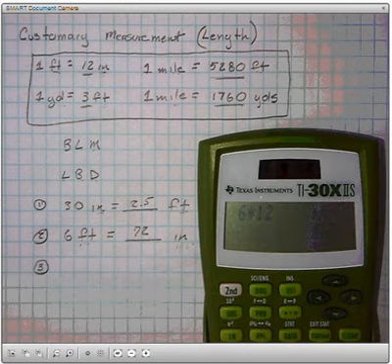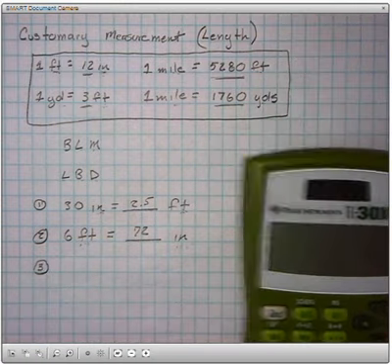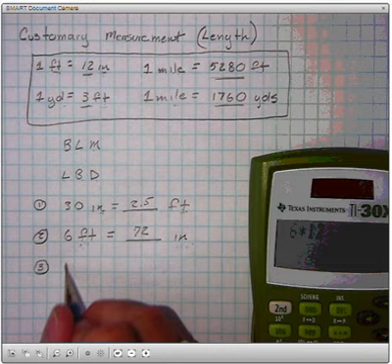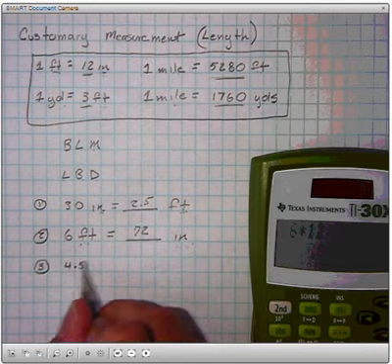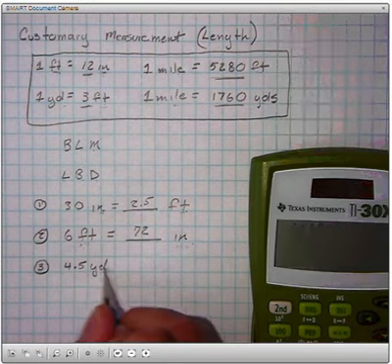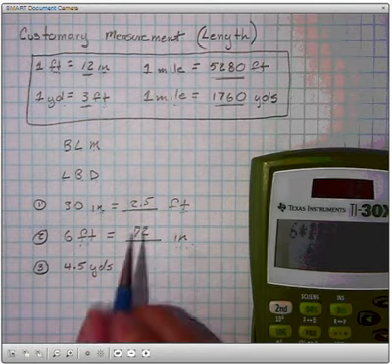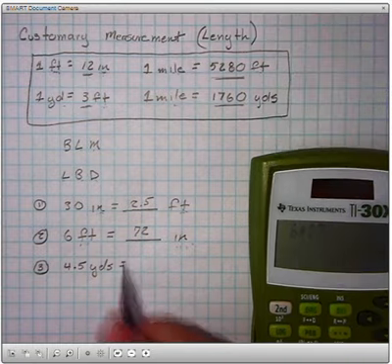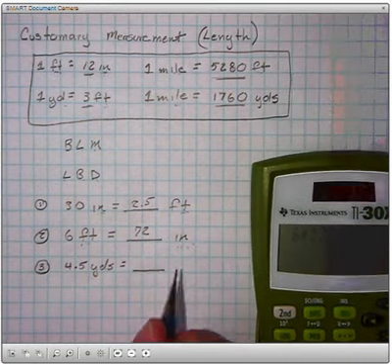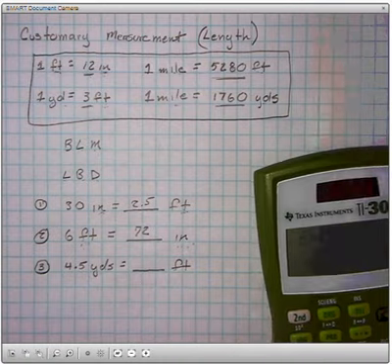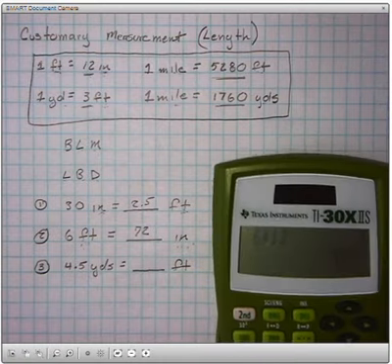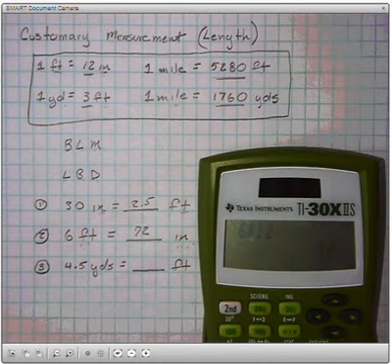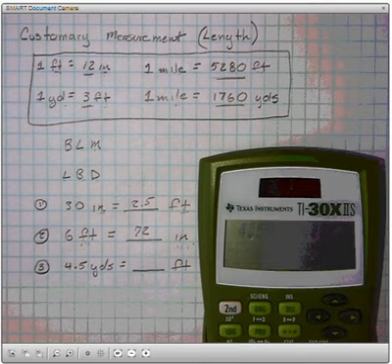Let's look at another one. If I have 4.5 yards, and I want to convert that to feet. So I've got 4.5. Am I going to multiply or am I going to divide?